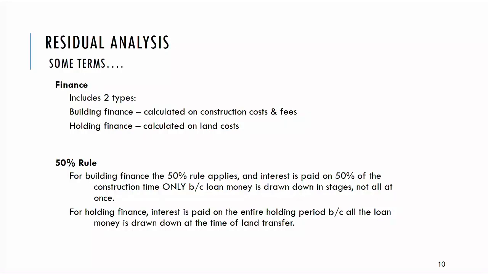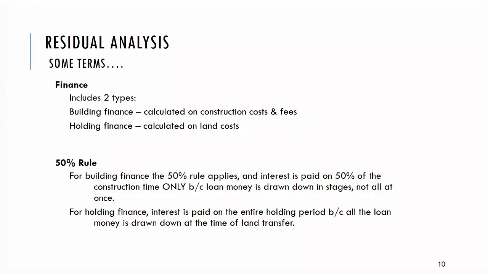So if the construction period is 1 year, how do you calculate the interest? You calculate half, 50%. Because at the beginning no loan amount, at the end we have borrowed the full amount, we get the average, half. As a rule of thumb, we calculate 50% of the interest for the construction loan. Clear?